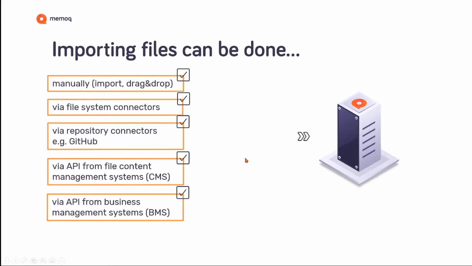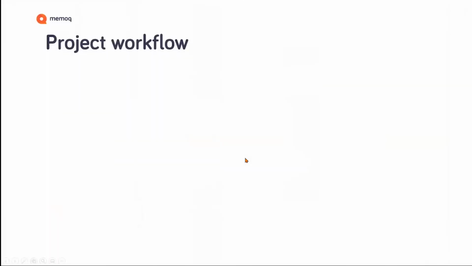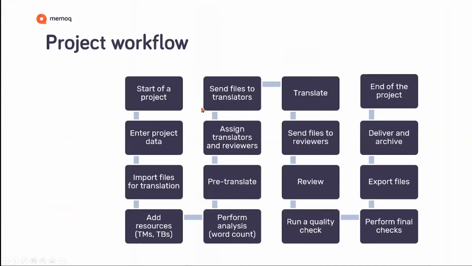Now, let me just tell you a few words about the workflow templates, also the project templates. Of course, you probably know most of the project templates and how they work. But as a very general idea, just to show you what we will be automating with those templates, is this simple diagram. This shows in a very simplified form how a project is generally run, all the different stages of the project along the way.